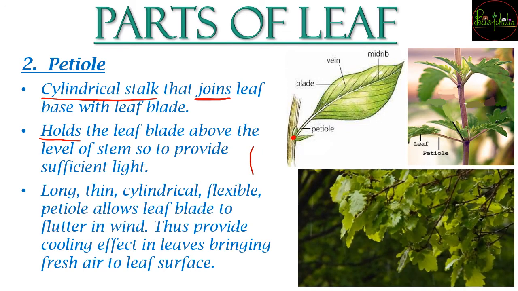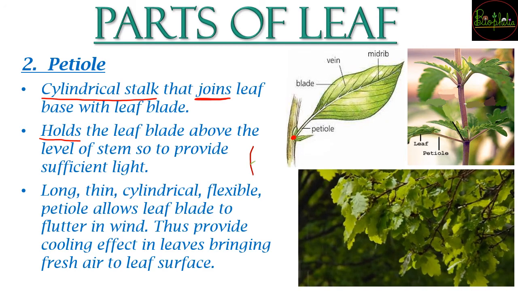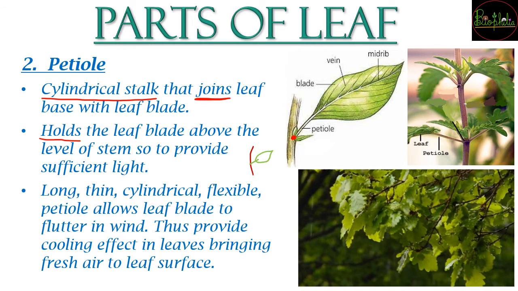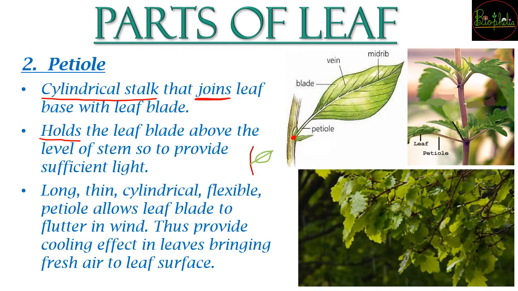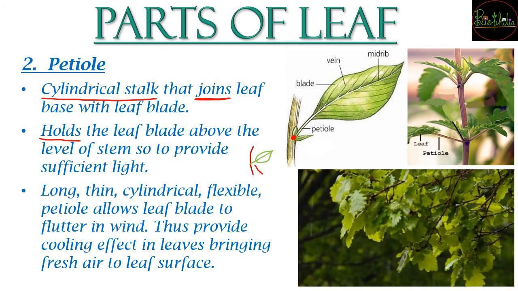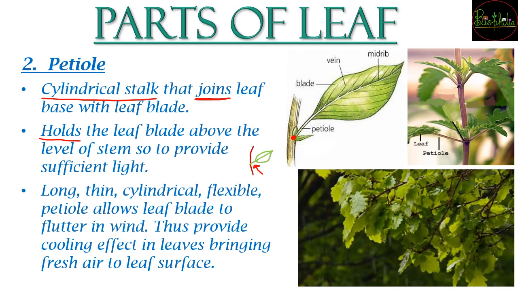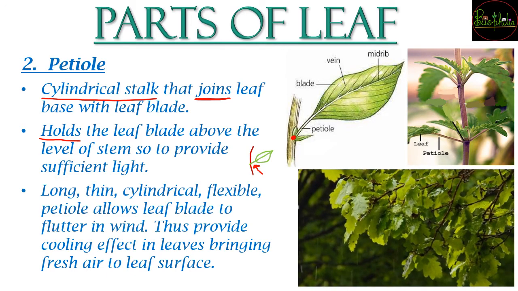You are going to show a leaf which has a stalk, and at the end of that stalk you are going to show the leaf. That little line that you formed before drawing the leaf is nothing but the petiole. So these small little things that you do without noticing can also help you remember. Likewise, you can try to remember what the petiole is.